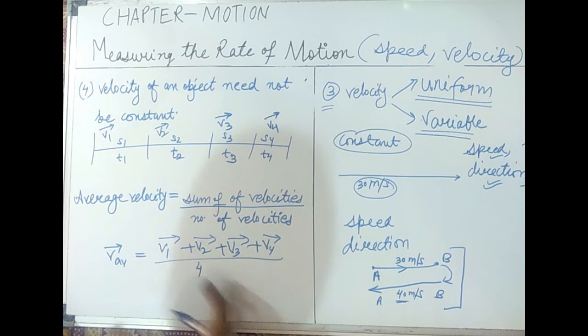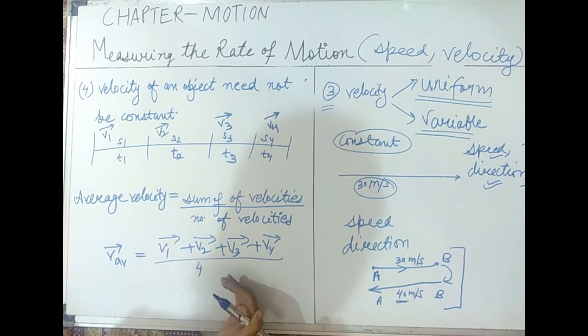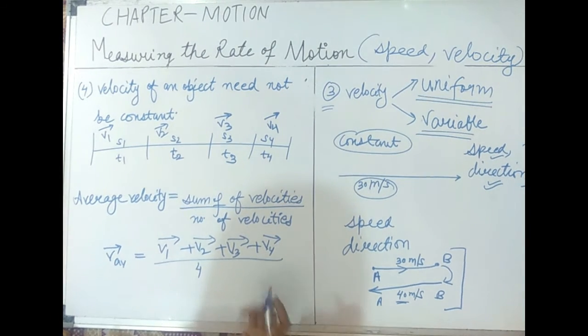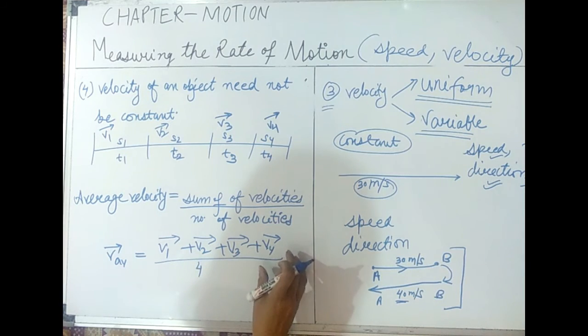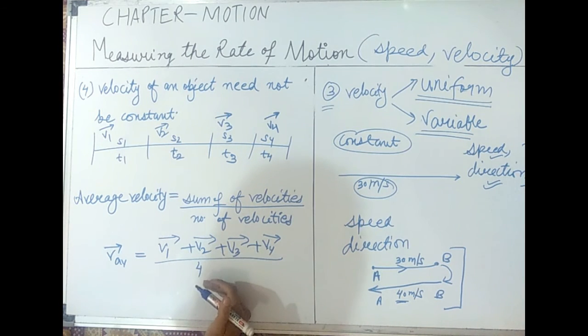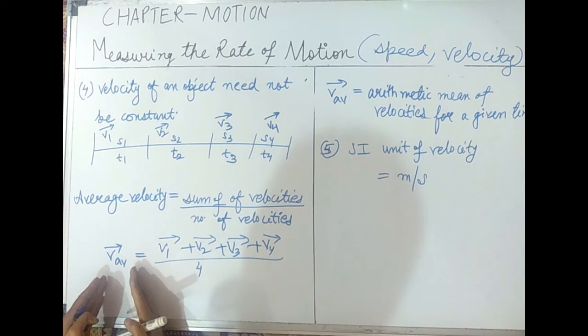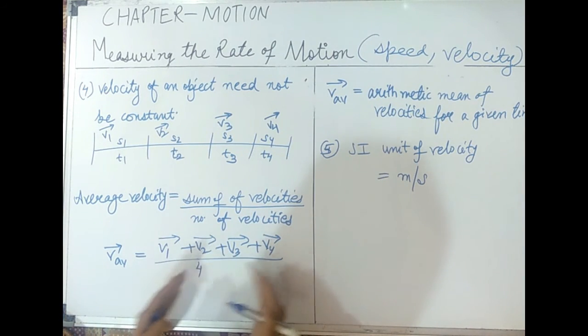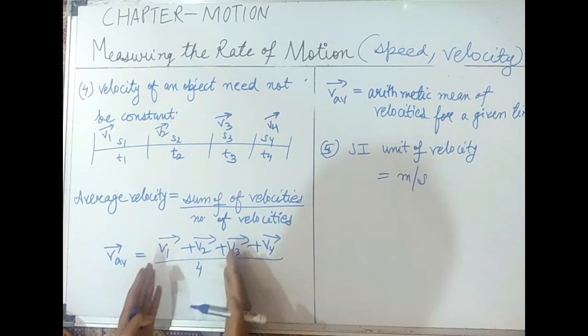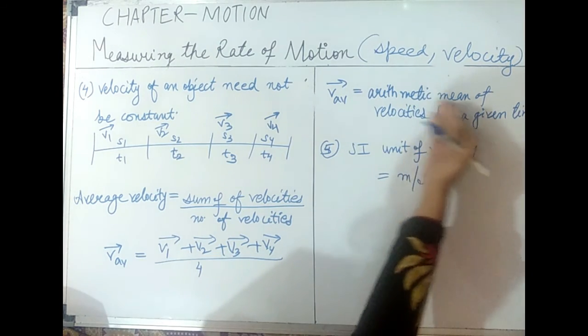And such type of calculation we do in arithmetic mean. While we calculate the arithmetic mean of any quantity, we take the quantities, we add them and divide by the number of quantities. Here we have written average velocity as the sum of the velocities divided by the number of velocities. This is nothing but our arithmetic mean of velocities.